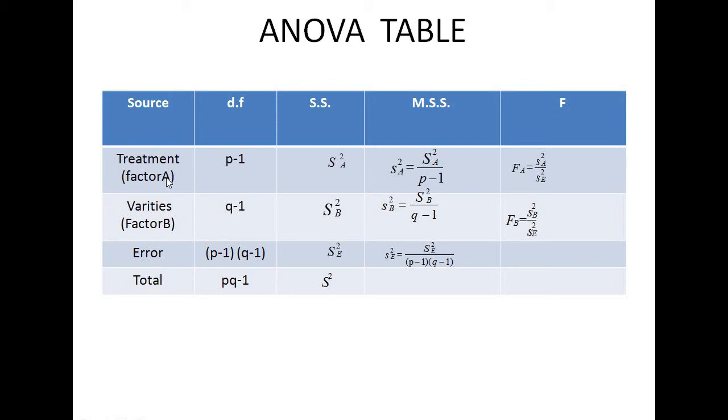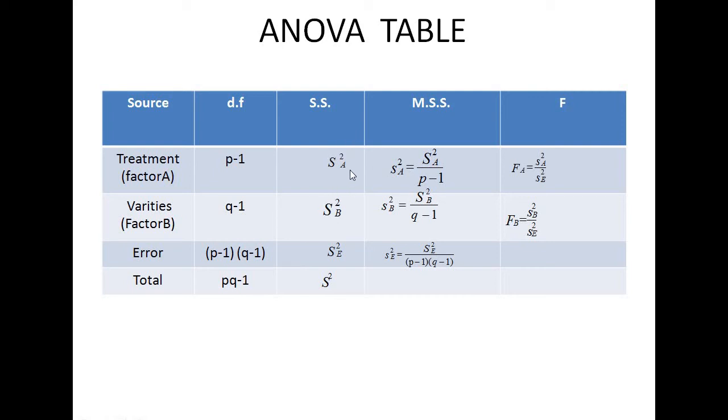Here we have considered factor A and it has P levels. So the degrees of freedom is P minus 1 and B factor has Q levels. So degrees of freedom is Q minus 1 and total degrees of freedom is PQ minus 1 and the error degrees of freedom is obtained by subtracting these 2 degrees of freedom from the total degrees of freedom.